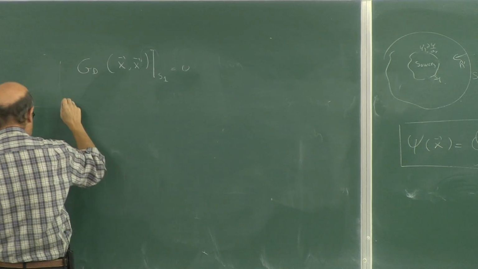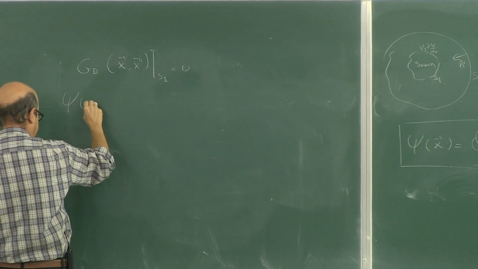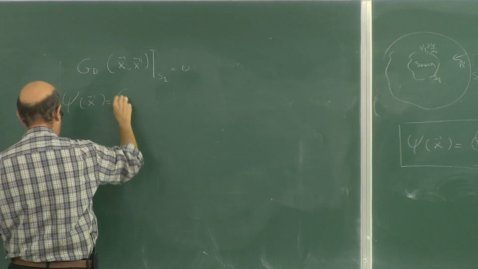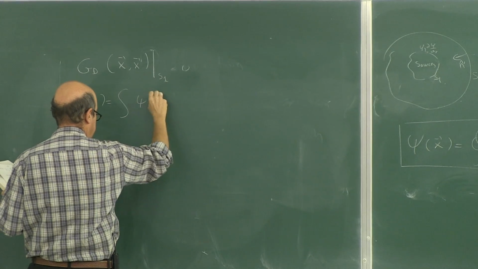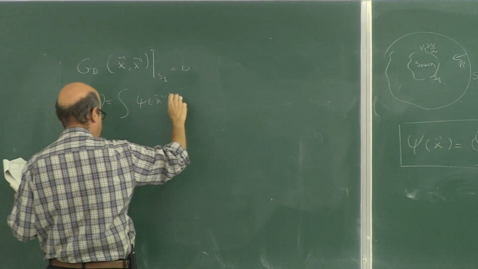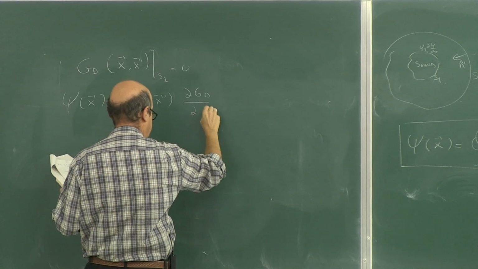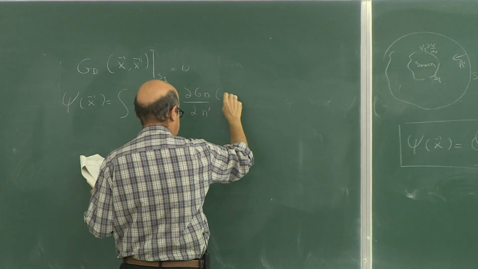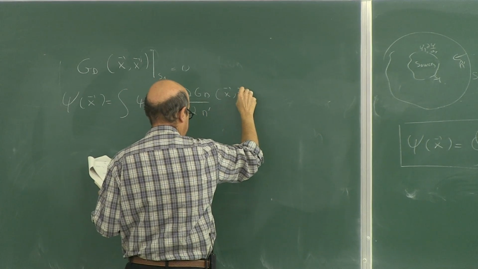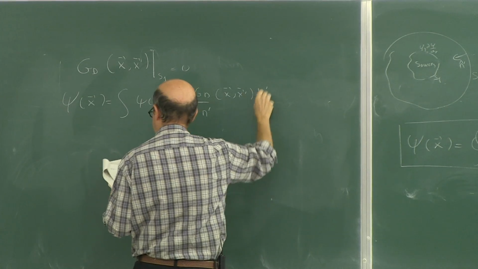Then you have the solution in the following form: phi of x prime, del G over del n prime of x prime, integrated through the surface.